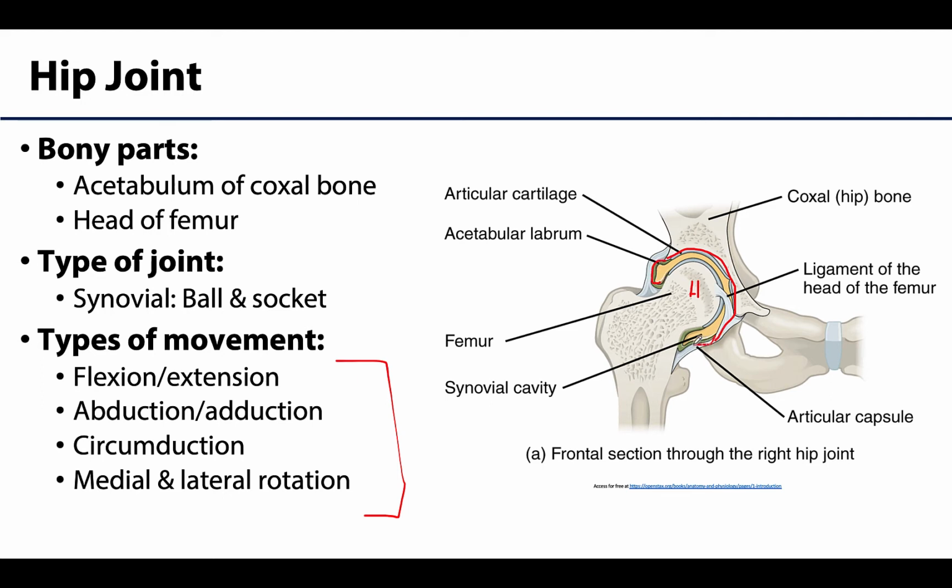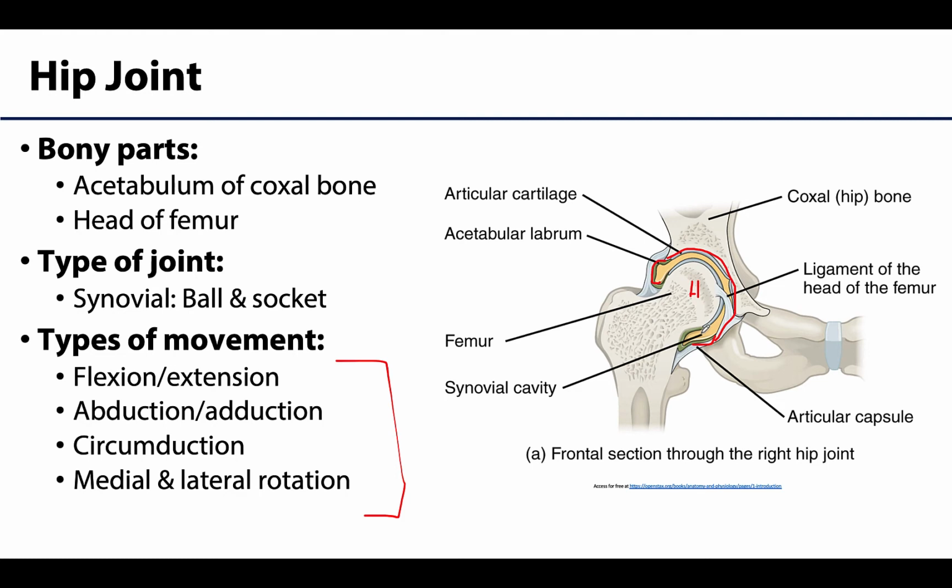This is a ball and socket joint after all, so you will have a labrum, or labra, associated with this to allow for a better fit. So you have these means of stability built into how it is built. You have this really good fit between the bones. You have the labra that allow for an even better fit. You have the strength of the joint capsule as well as the ligaments, some of the strongest, most robust ligaments in the body. And then you'll have attachments of muscles crossing the joint.